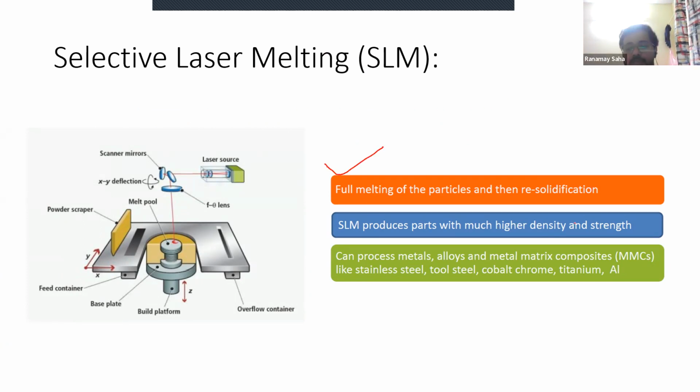Then SLM produces parts with much higher density and strength because the particles are actually melted, and it can process metals, alloys, and MMCs, metal matrix composites like stainless steel, tool steel, cobalt chrome, titanium, etc. So there is a wide range of metals which can be processed through the SLM process.